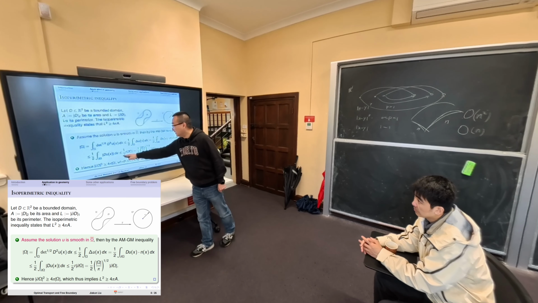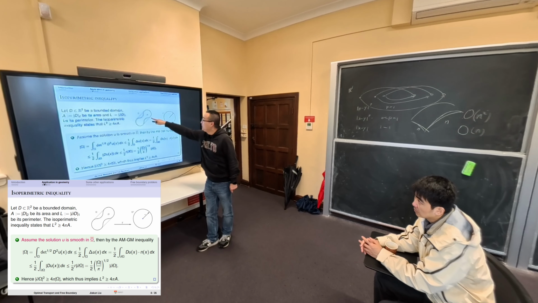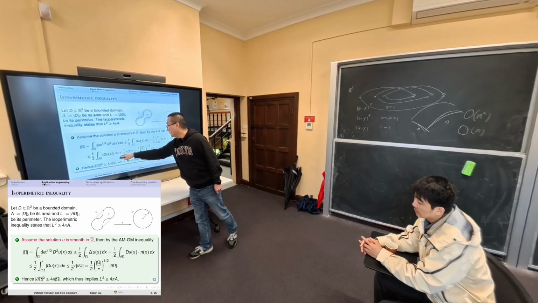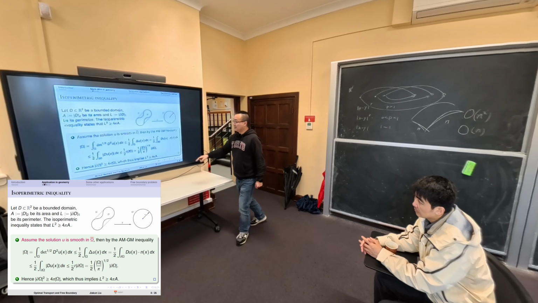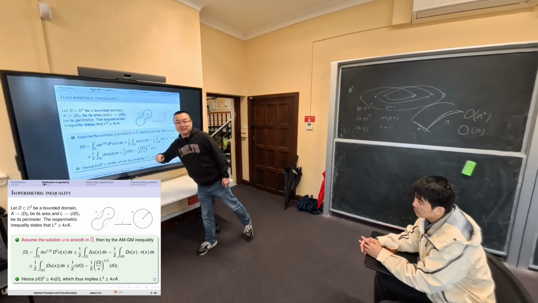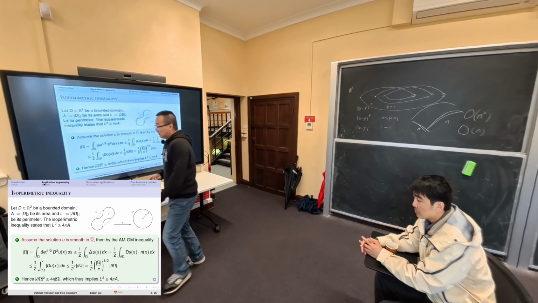Then you use the Cauchy-Schwarz inequality. So this is always less than the length of this vector Du. But what Du means is mapping everything from omega to omega star, so therefore Du is always less than the radius. Okay? So the length of Du is always less than the radius r. And the radius r is explicitly given by the formula here. So you organize everything from right to left, and it gives you the isoperimetric inequality. Okay? So that's pretty straightforward.